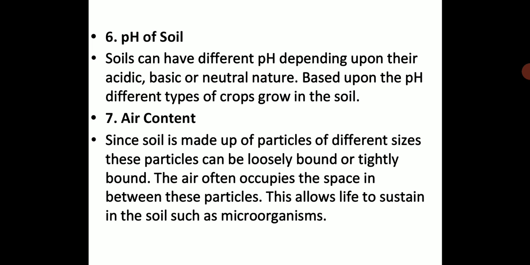So it will not be feasible. That's why you have to check the pH of the soil before you go for cultivation or sowing the seeds. If it is not optimum, then you can neutralize the acidic and the basic effect by some means.